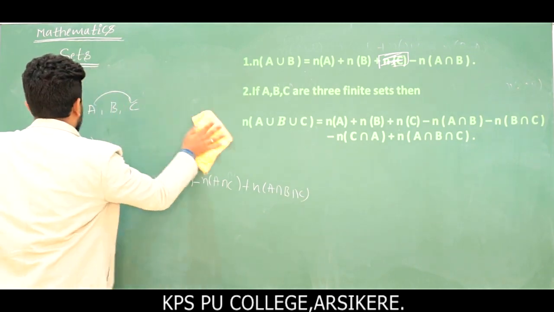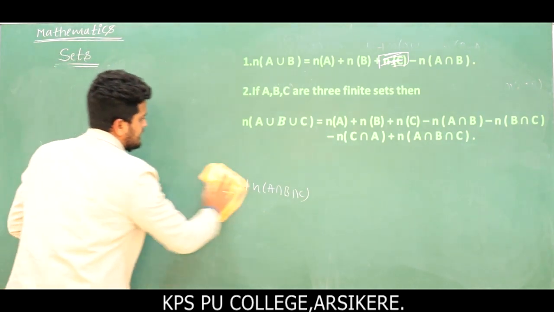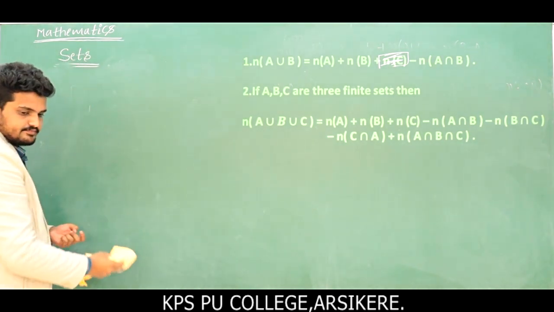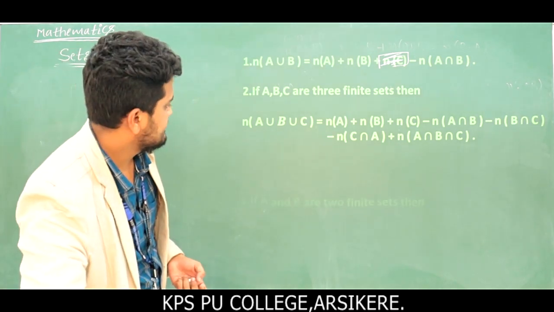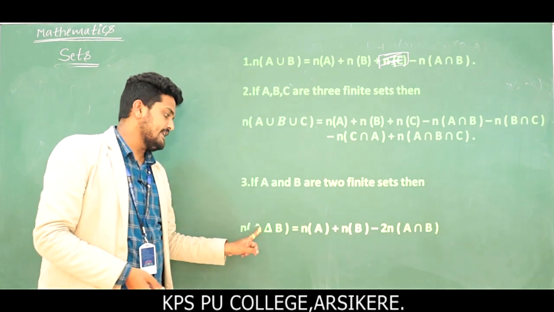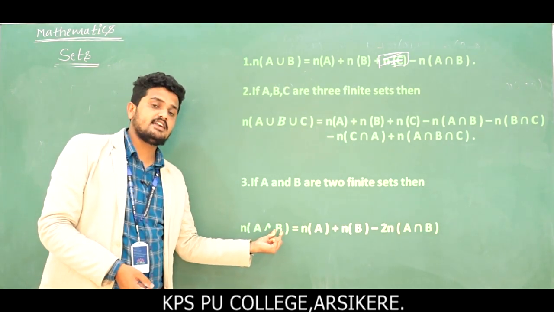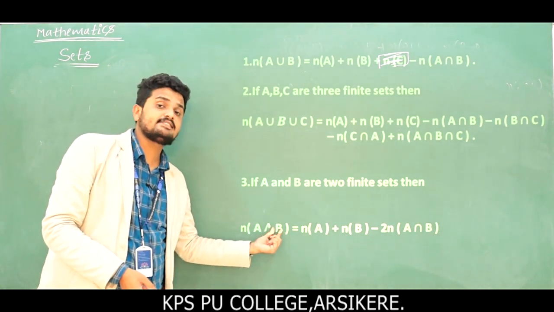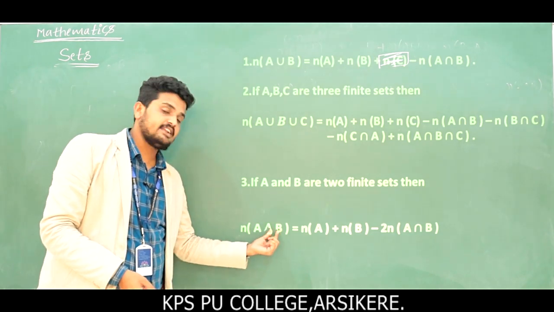Okay, that is the formula for three finite sets. So next one, if A and B are 2 finite sets, n of A triangle B, that means the difference A minus B. How should we read this?